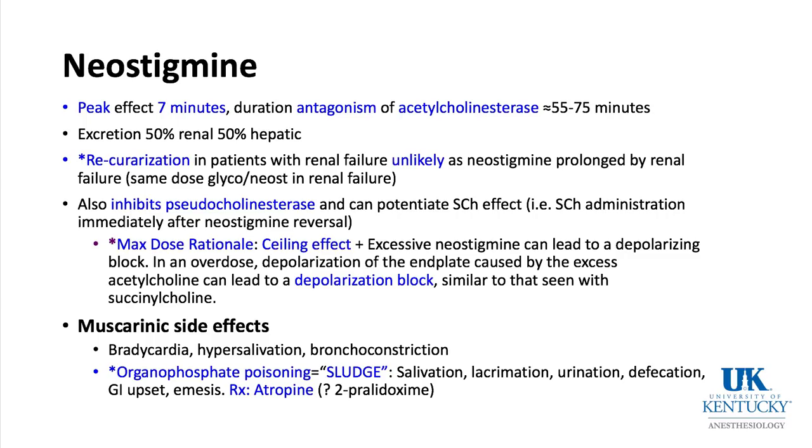What about the maximal dose of neostigmine and how much we should give? Most of us will peak out at about 70 mics per kilo of neostigmine, or 5 milligrams. We call it a ceiling effect. We don't go over that because excessive neostigmine can actually lead to a depolarizing block, and in an overdose situation, depolarization of that end plate can be like a succinylcholine block and worsen things.